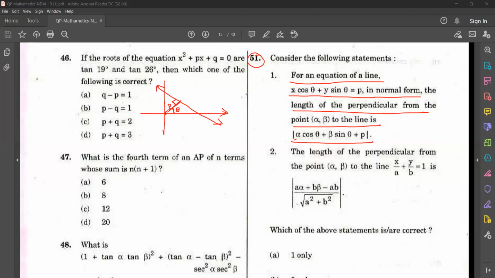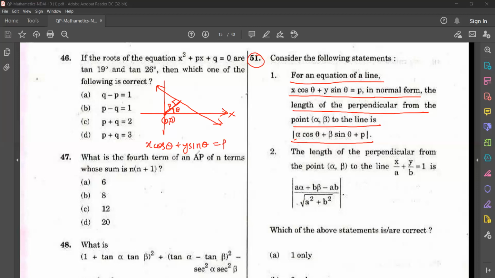What are the details given in the normal form? They will give the perpendicular distance from origin to this line, and the angle made by this perpendicular with the positive direction of x-axis. Then the normal form is x cos theta plus y sin theta is equal to p.